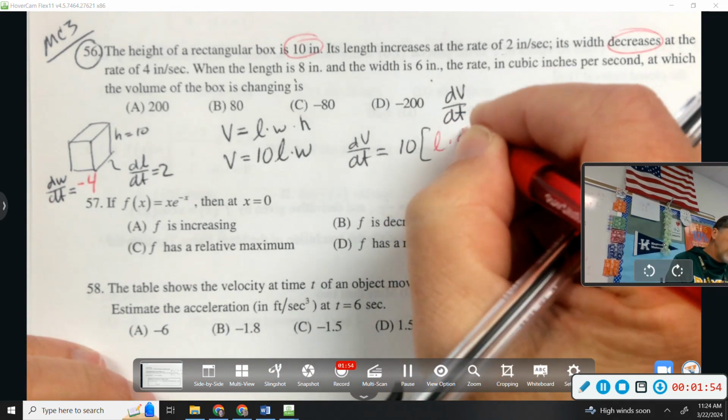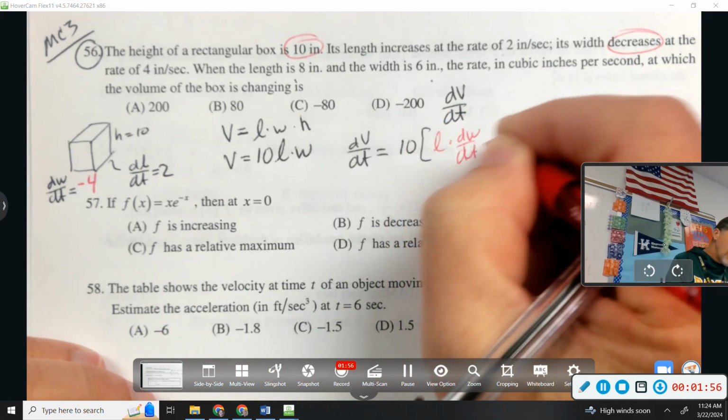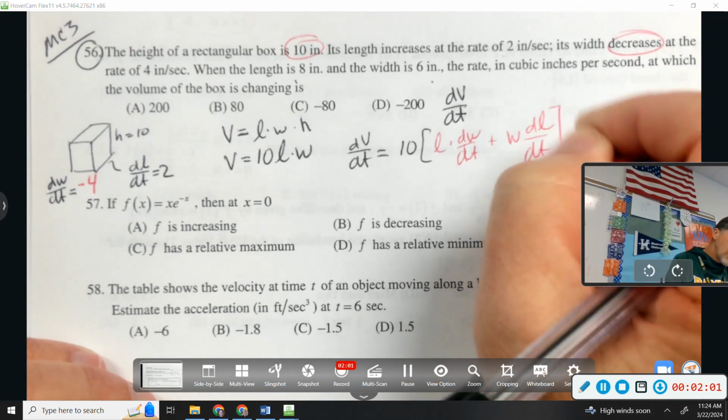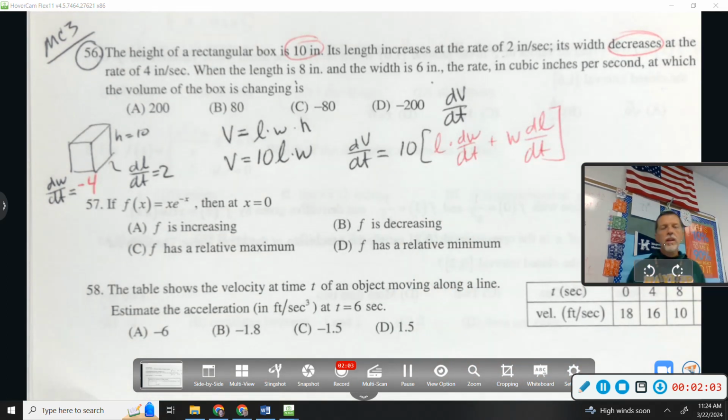L times dW/dt plus W times dL/dt. And then we have all those things. It tells us L and W, and it tells us dL/dt and dW/dt. So we've got all the pieces to plug them in and see what we get.